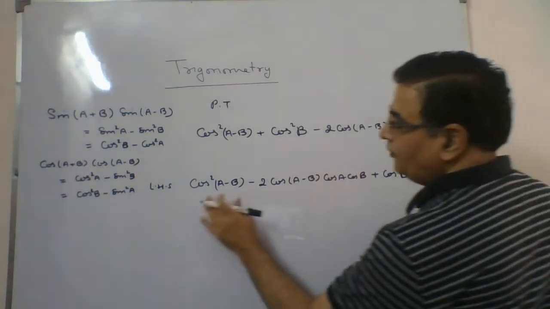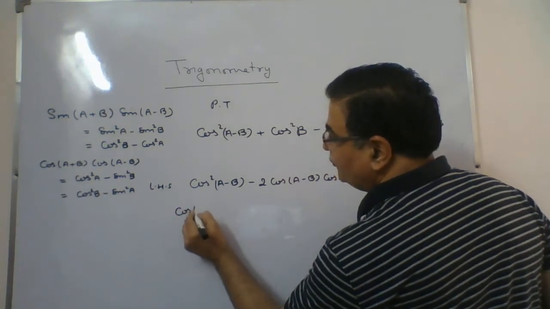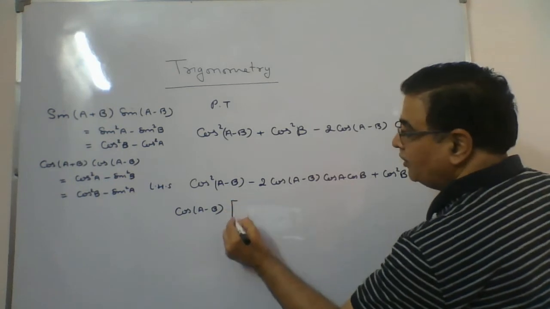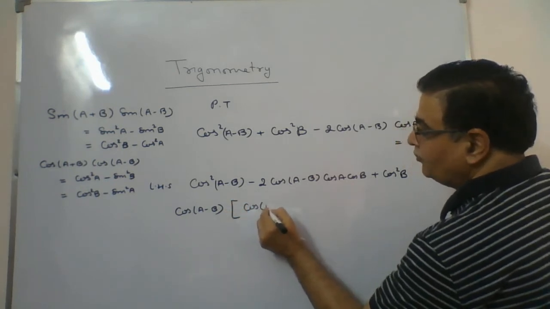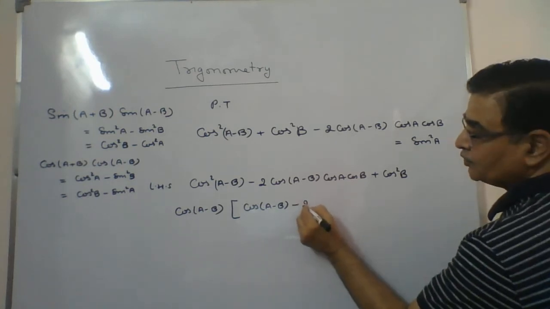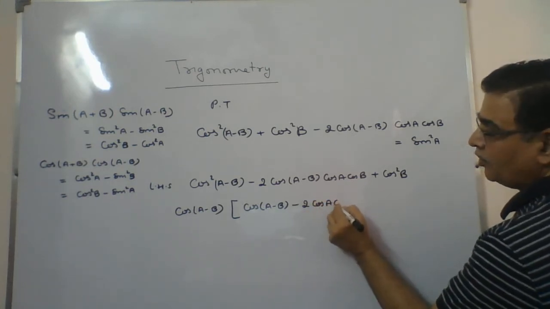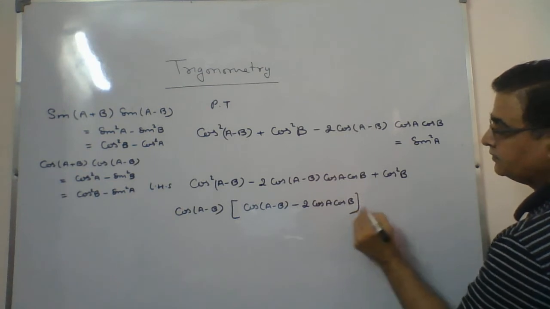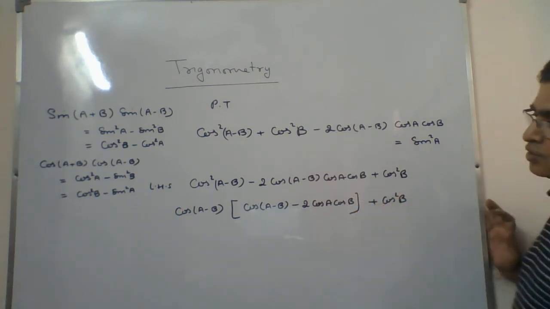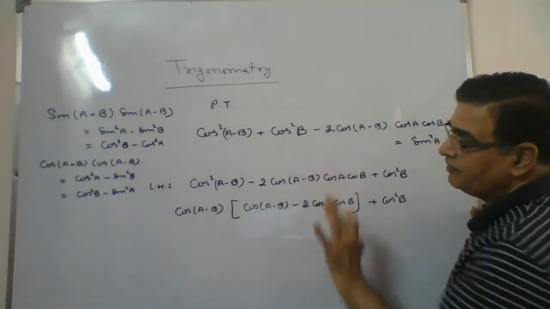Now when you solve it, it will come out to be cos(A − B) times [cos(A − B) − 2 cos A cos B] plus cos²B. So what I have done, only cos(A − B) I have taken common in these two.